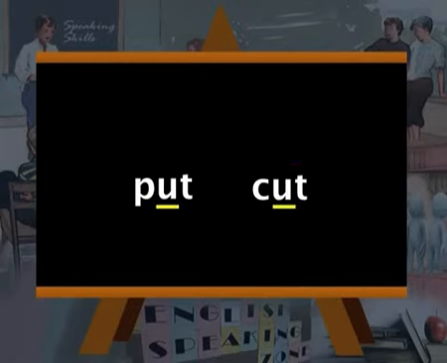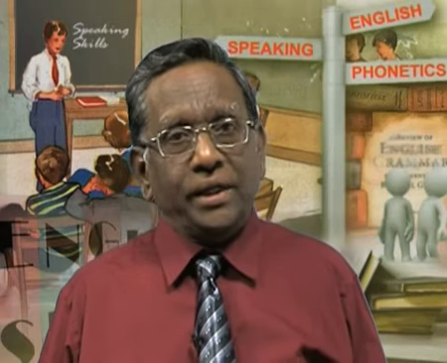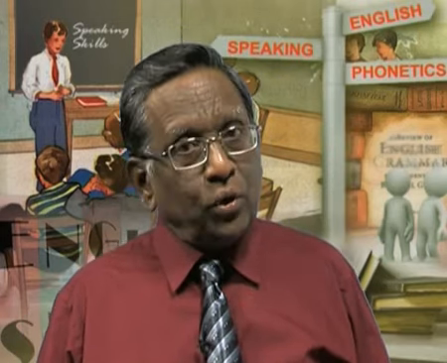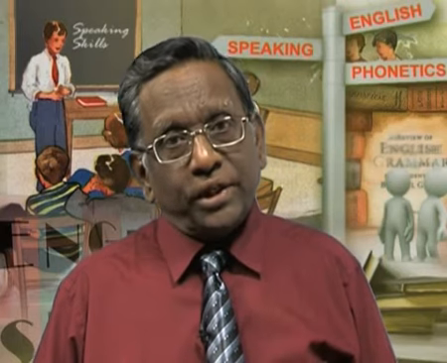So here you say put, here you say cut, the same letter reflecting two different sounds. And this is the arbitrary nature of the language. And as I said earlier, there is no one-to-one correspondence between spelling and pronunciation in English. And whenever we have a doubt, the only answer is to go to the dictionary and find out what it is.